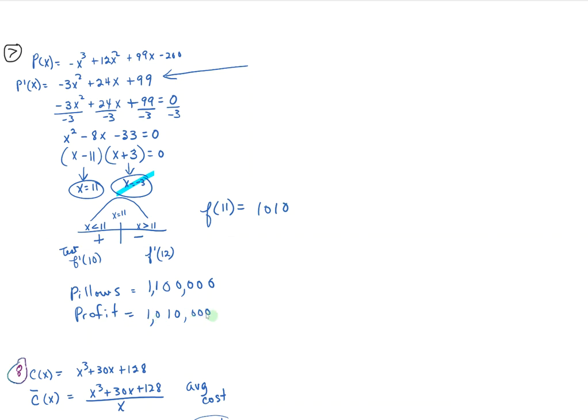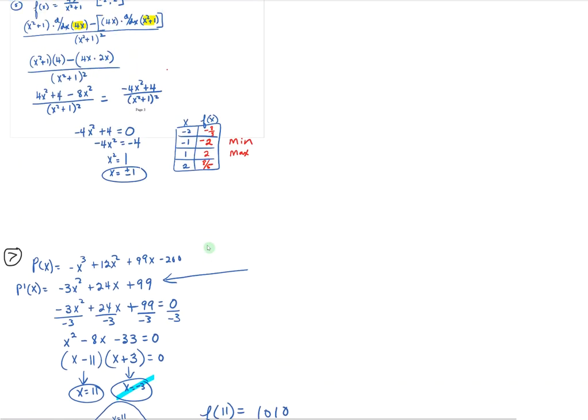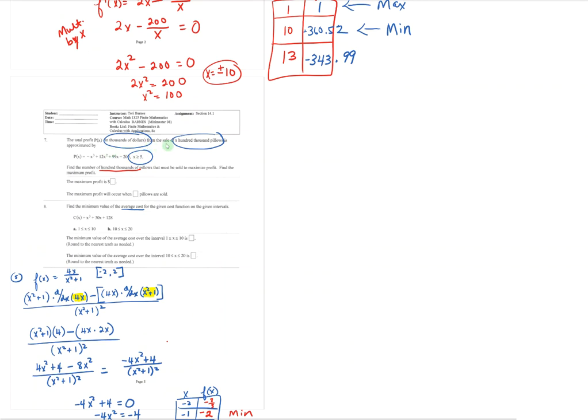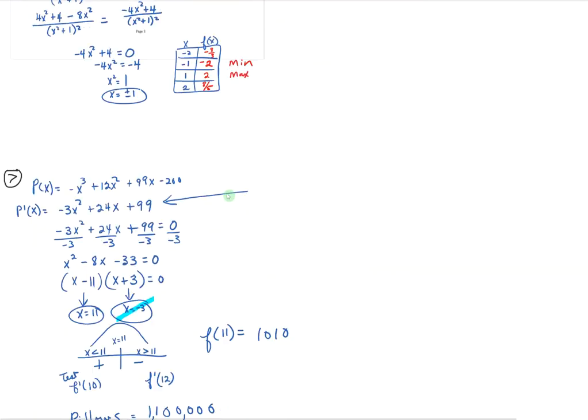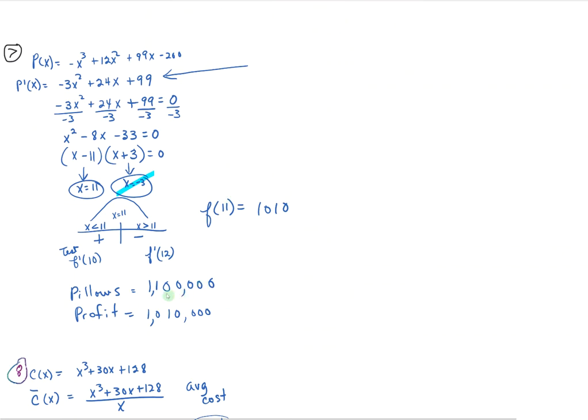And so if we move that decimal 3 places, we get our profit is this. And for the 11, remember that 11 was, how did they say it? 1,100,000 pillows. So if my x is 11, I've got to make it 100,000. So I've got to move that many decimal places, and that's how many pillows I have.